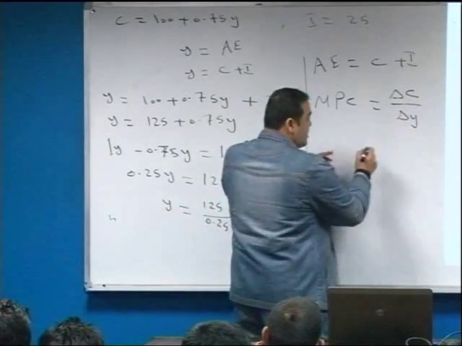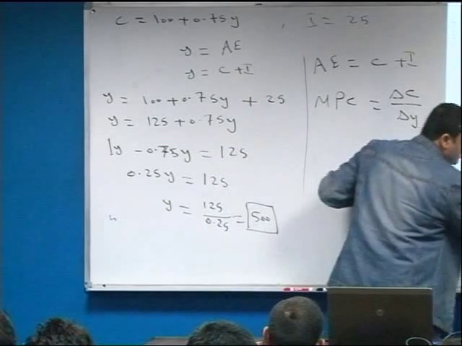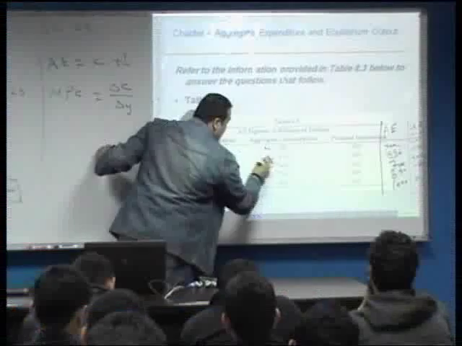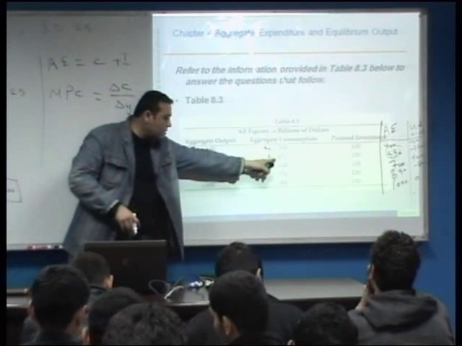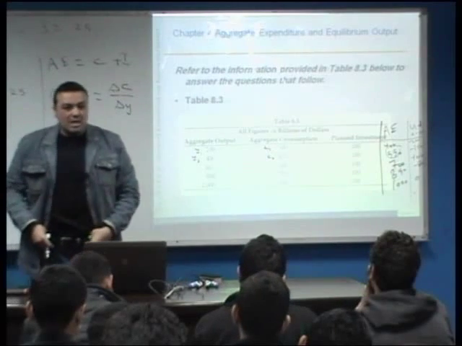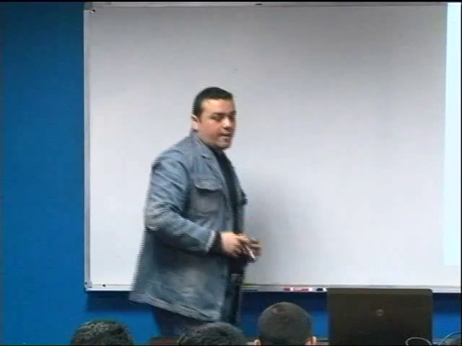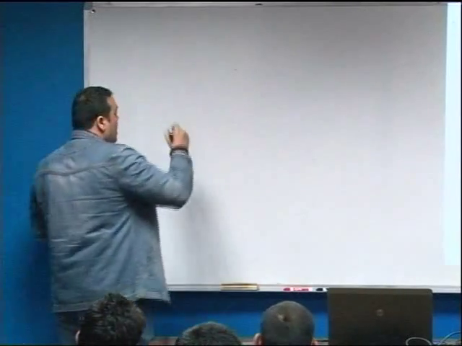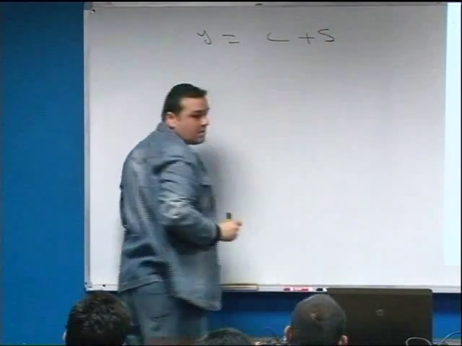So delta C over delta Y, 150 over 200, equals 0.75.